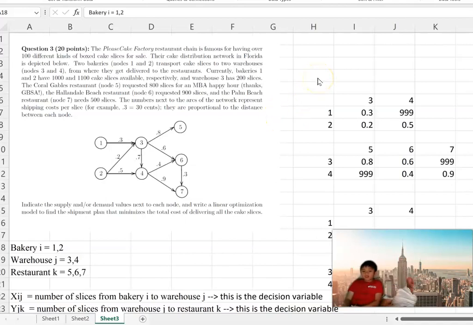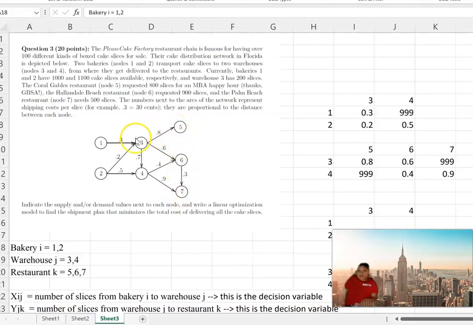We're going to do a transportation problem. We have suppliers 1 and 2 that deliver to warehouses 3 and 4, and warehouses 3 and 4 have to deliver to stores 5, 6, and 7.